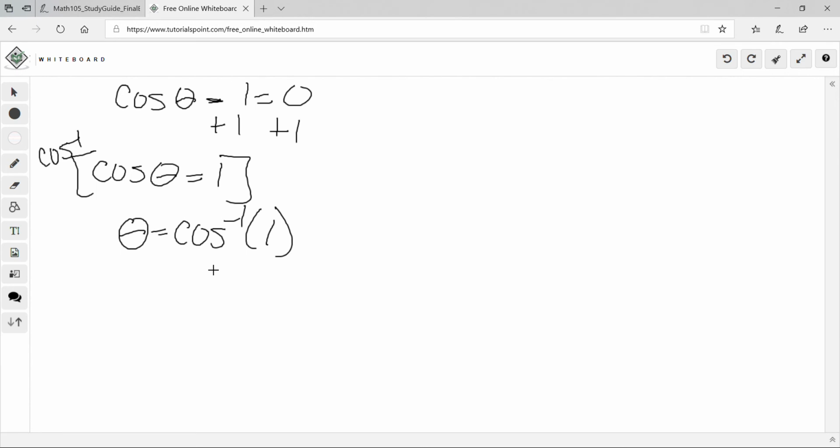What this is really saying is what degrees and radians is going to give you a cosine of positive 1. So our only option is 2 pi, which is the coordinates of 1, 0, which is a cosine of 1. But they ask us for all solutions, so this is where you do the 2 pi k thing.